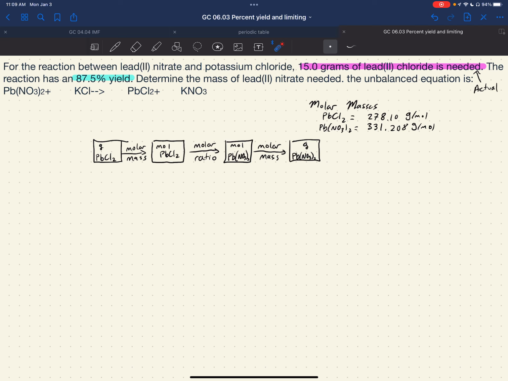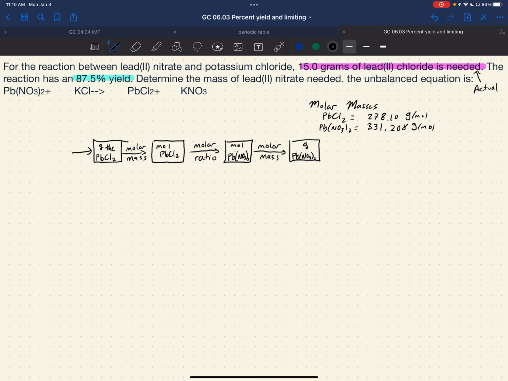And we talked before about what comes out of stoichiometry: a theoretical yield. That's how much you should get in theory if you assumed a 100% yield, which means that these grams of PbCl2 need to be a theoretical yield, because if what comes out of stoichiometry is a theoretical yield, what goes into stoichiometry should also be a theoretical yield.